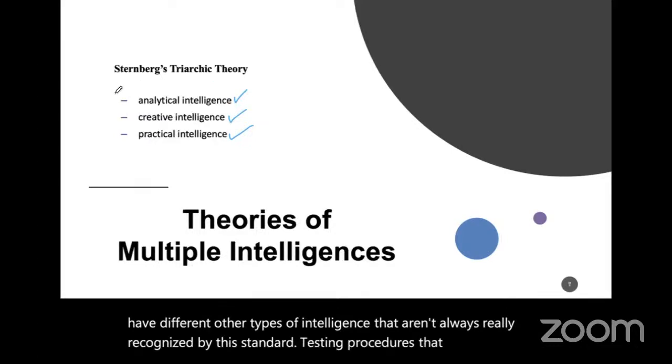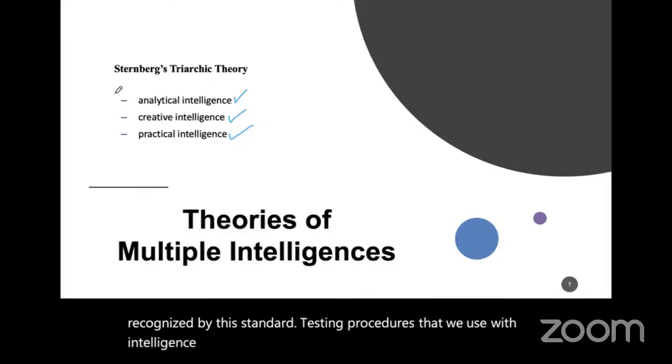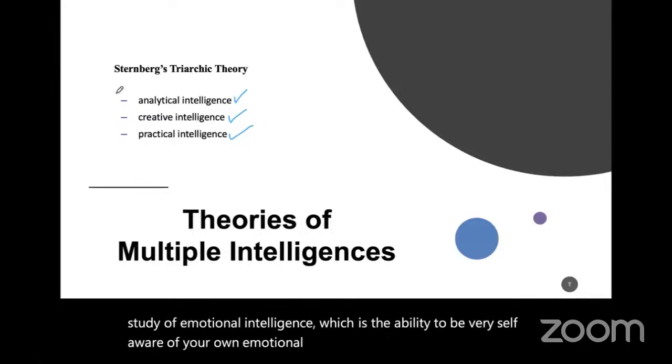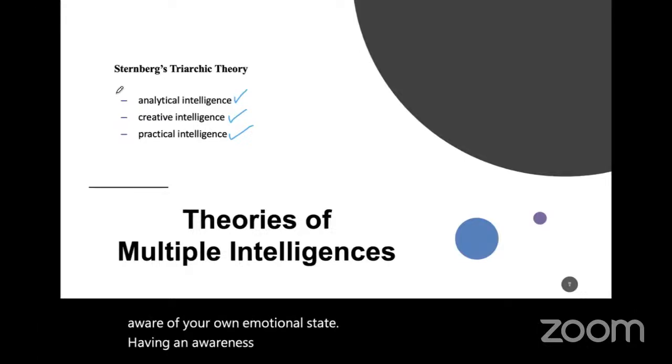One of the areas that I've been interested in lately is the study of emotional intelligence, which is the ability to be very self-aware of your own emotional state, having an awareness of someone else's emotional state, and being able to appropriately respond to them.